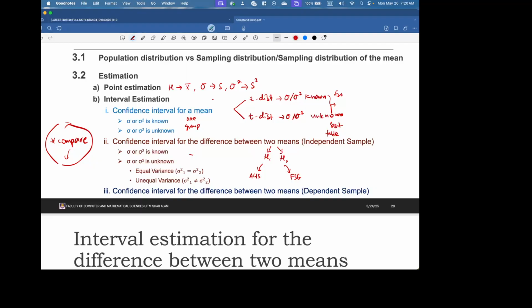We will take a look at an example later. And this particular group is also divided into two: independent and dependent.